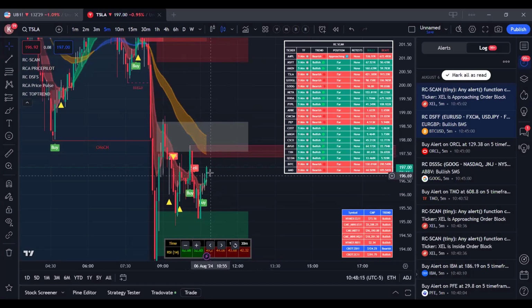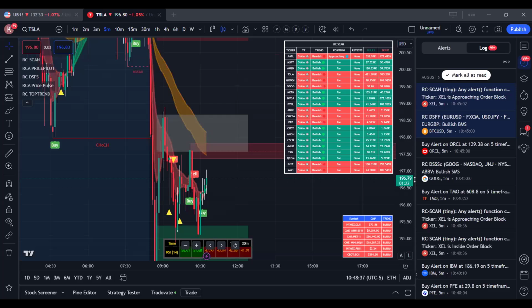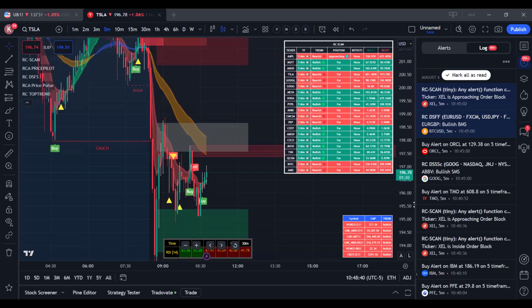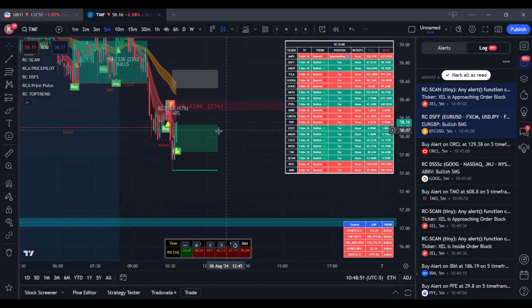Yeah, Tesla broke the day trading cloud. Now it can go to 198. And then if it breaks the swing cloud, then it will go to 200. Yeah, Tesla is moving good. We don't need to worry about Tesla. UB also should move into profits. TMF came a little bit down and then started moving up.